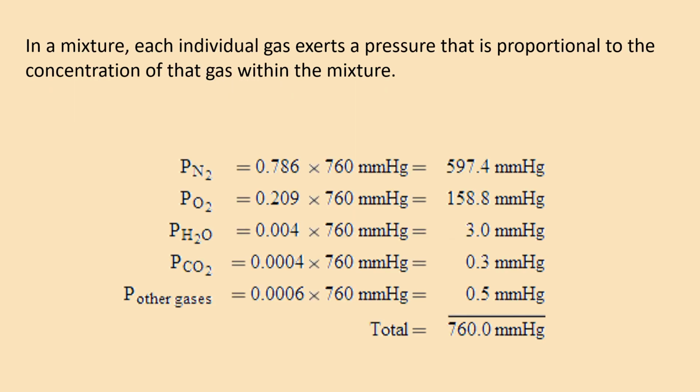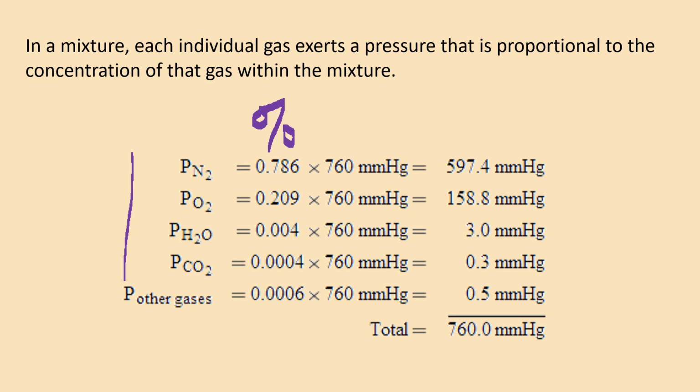In this table, we see gases listed in order of abundance. So the most abundant gas is nitrogen, followed by oxygen, water vapor, carbon dioxide, and other gases. In the second column, we see what percentage of the atmosphere is comprised of that particular gas. So here, 78.6% of atmospheric air is nitrogen, 20.9% is oxygen, and so on down the line.